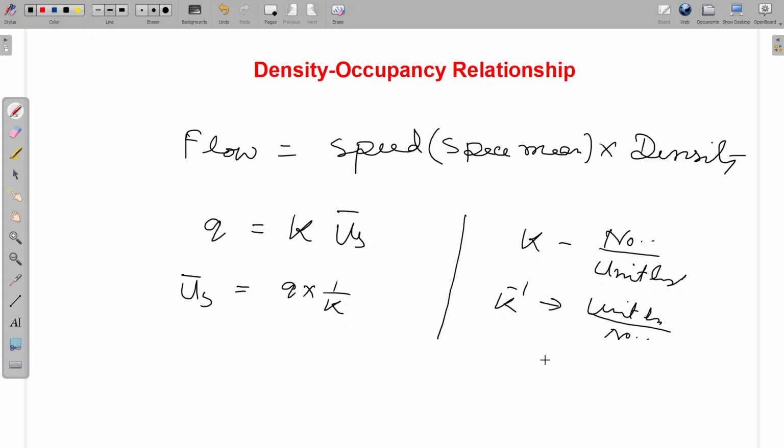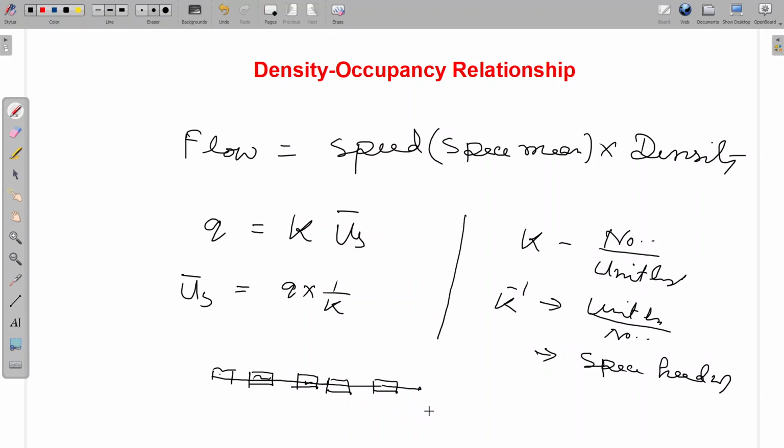So length by number of vehicles is nothing but the space headway, approximately. Say this is the total length of the road, and say you have 5 vehicles: vehicle number one, vehicle number two, vehicle number three, vehicle number four, and vehicle number five.